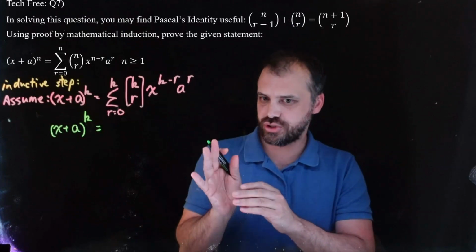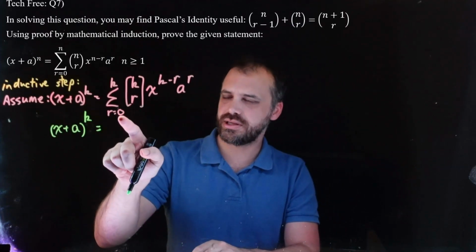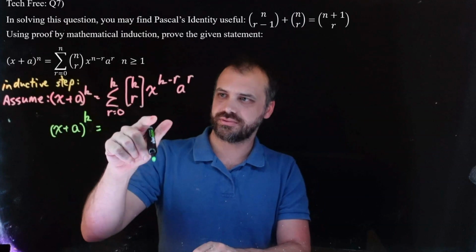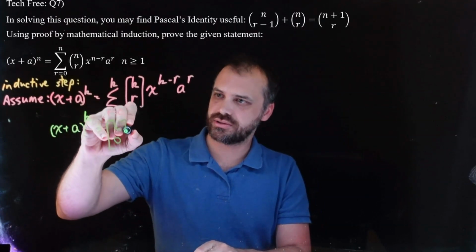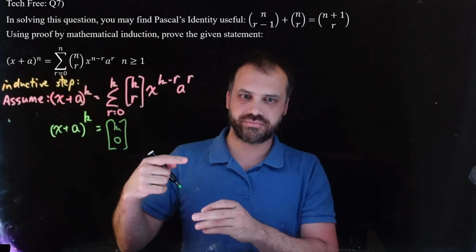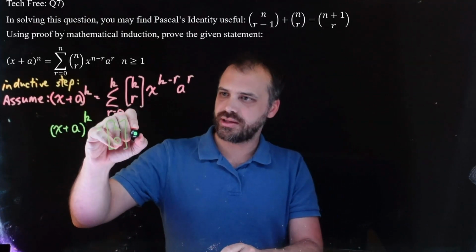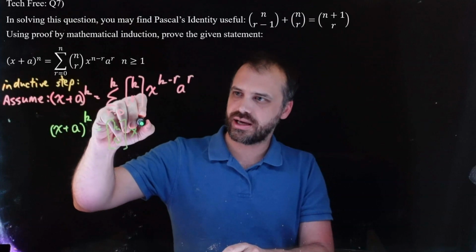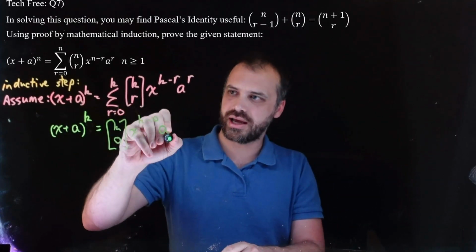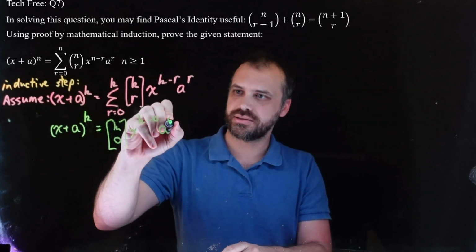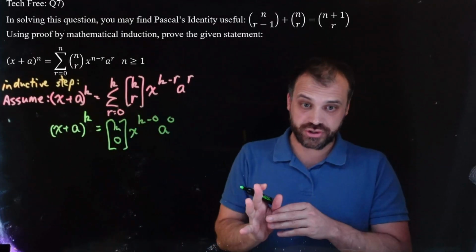So my first term here is going to be subbing in 0 for r. Right, so it's going to be k choose 0, and then x to the k minus 0, and then a to the 0. That's my first term.